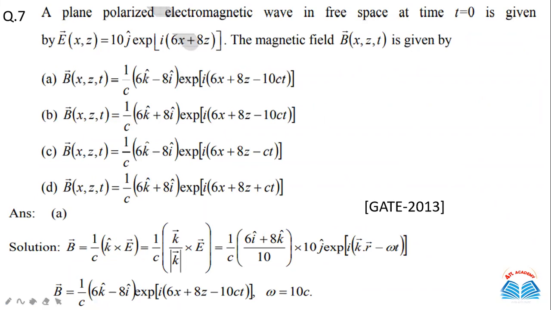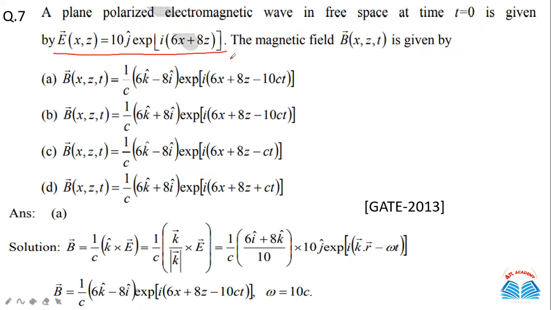Again, one more question. This is another type of question. A plane polarized electromagnetic wave in free space at time t equals 0 is given by E of x, z equals 10 j cap exponential i(6x plus 8z). The electric field is given and we have to calculate the magnetic field.